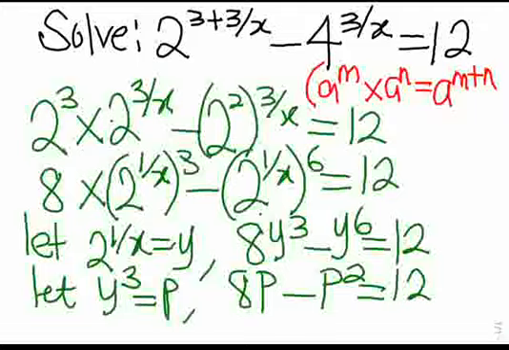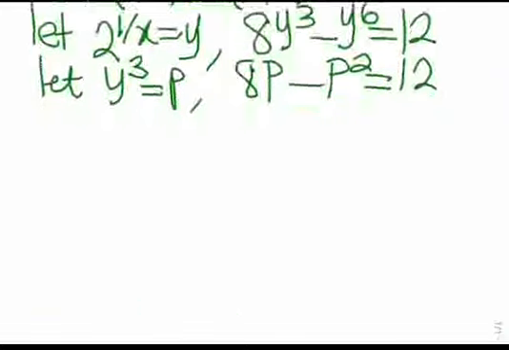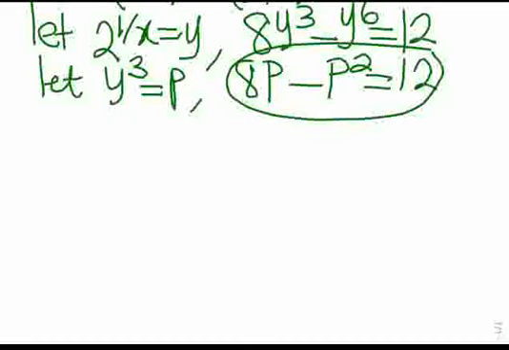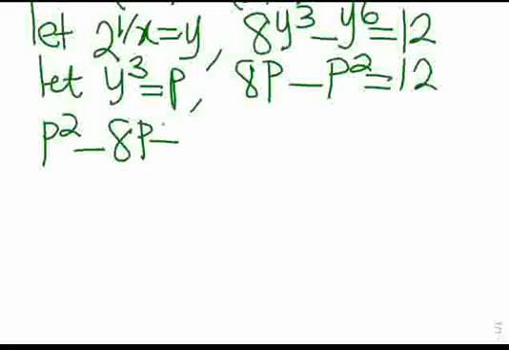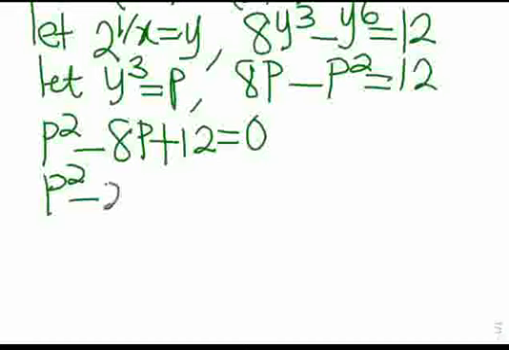So I have just obtained another equation. It's going to be a quadratic equation. Let me arrange this well. Crossing the minus p squared to the other side will give p squared. Crossing the 8p will give minus 8p. And then I bring down the plus 12 equals 0. Factorizing this equation, our factors are minus 2 and minus 6.